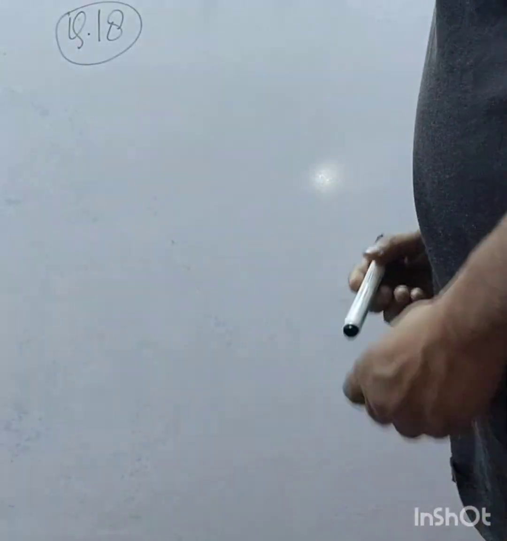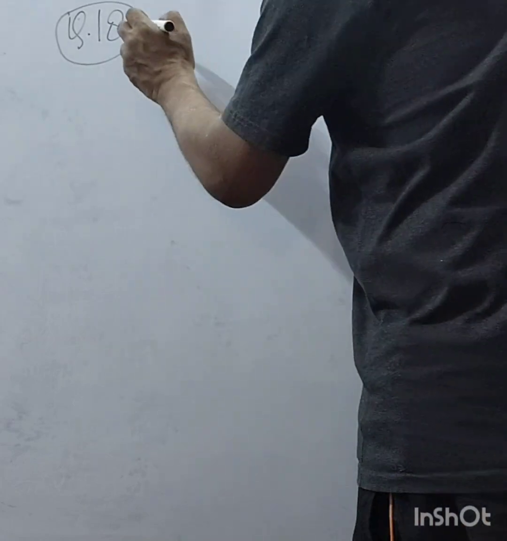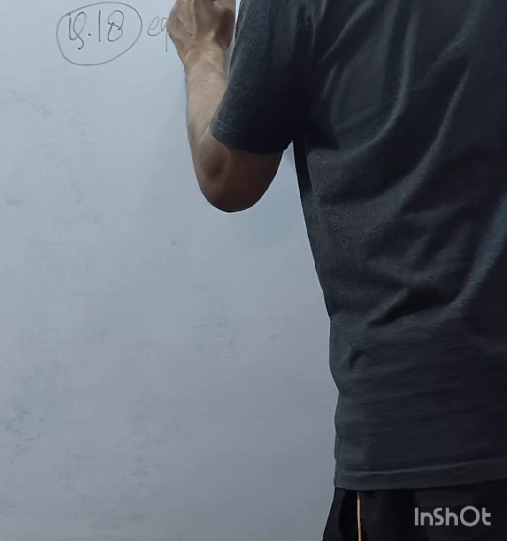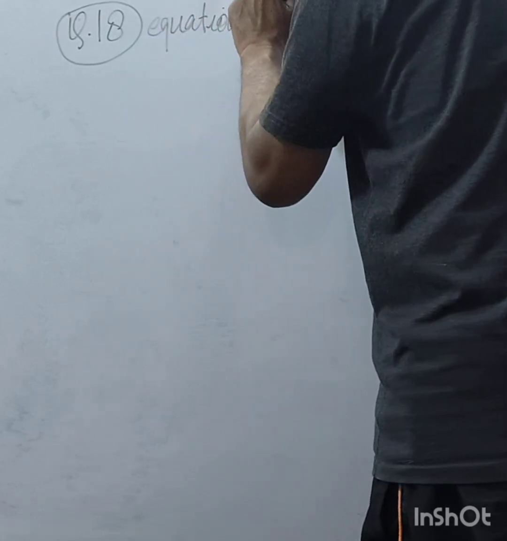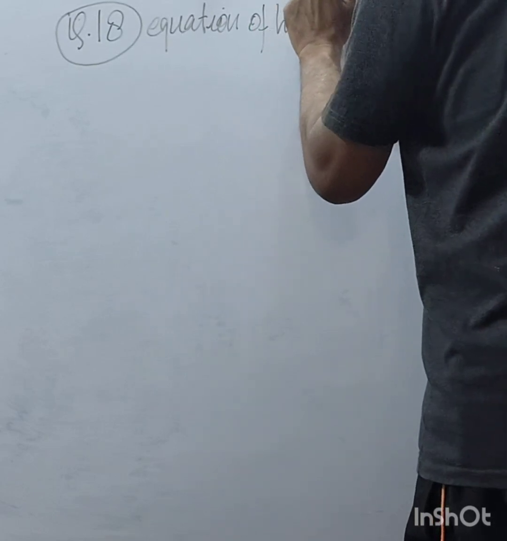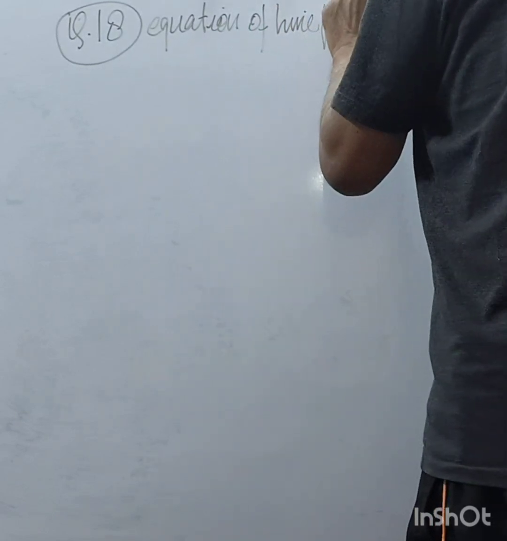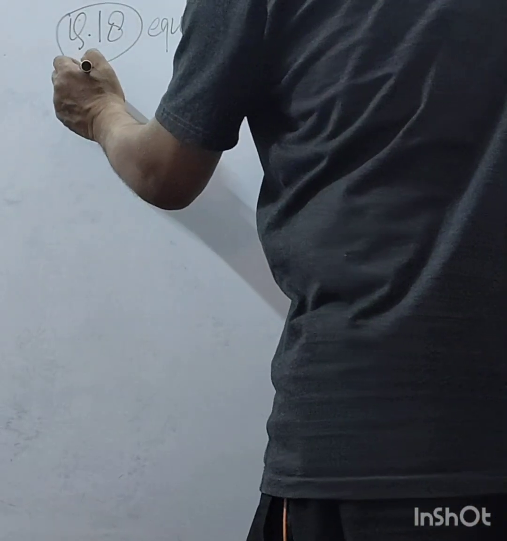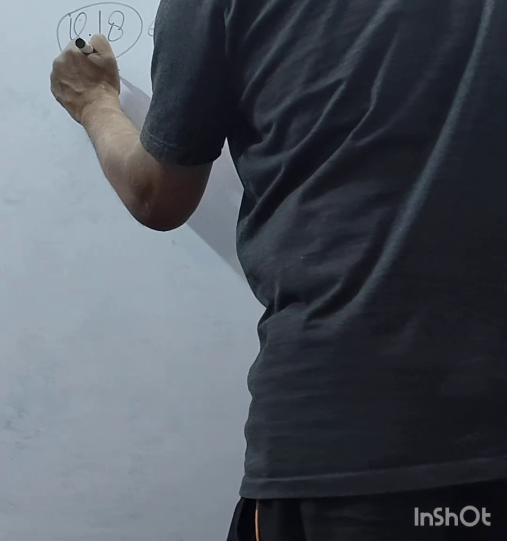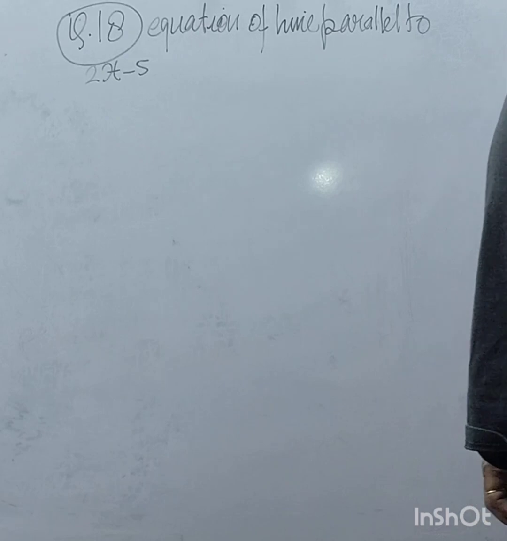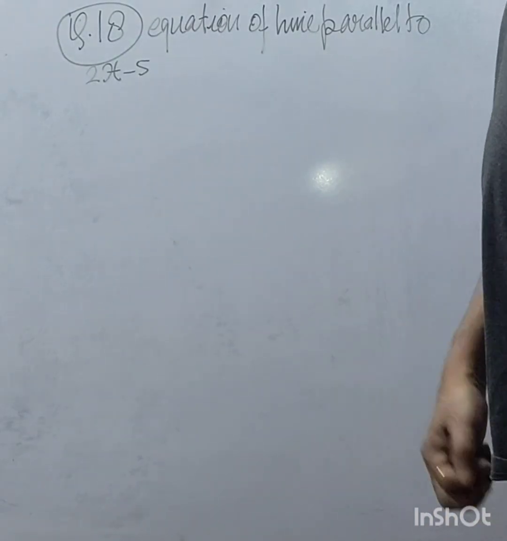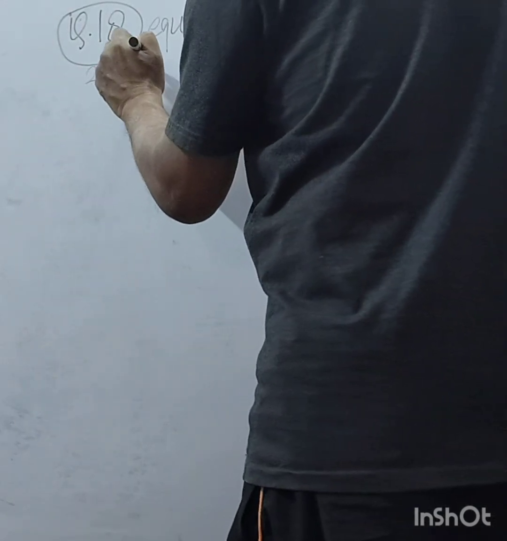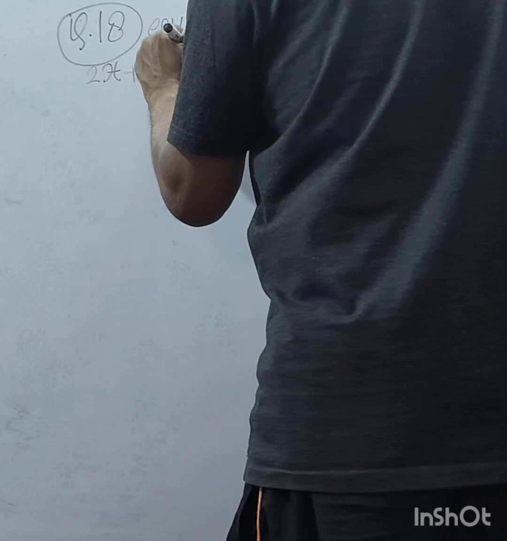Find the equation of line parallel to 2x plus y minus 7 is equal to 0.